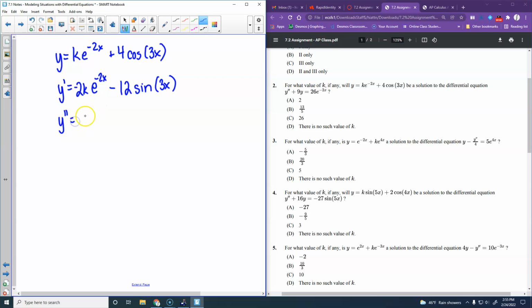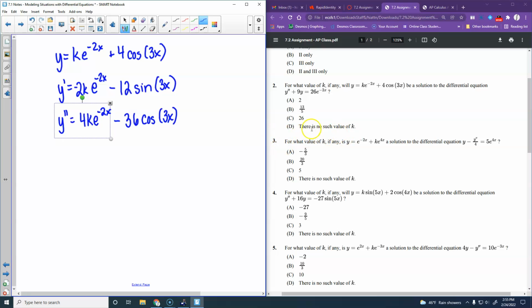Second derivative is going to be 4k e to the negative 2x minus 36 cosine of 3x. So we are taking our y double prime and our y, and we're plugging that into this equation, which is hopefully going to give us something we can solve for k.